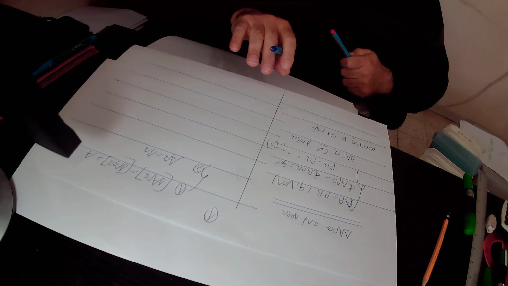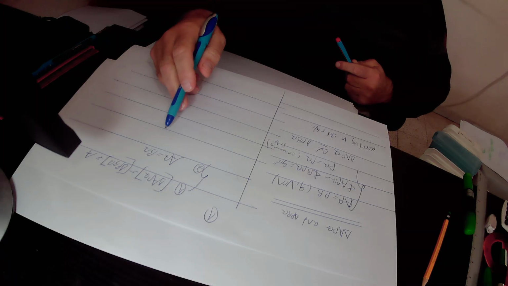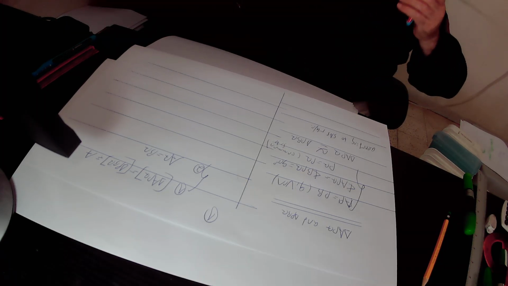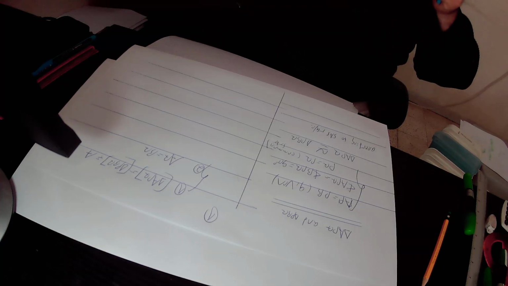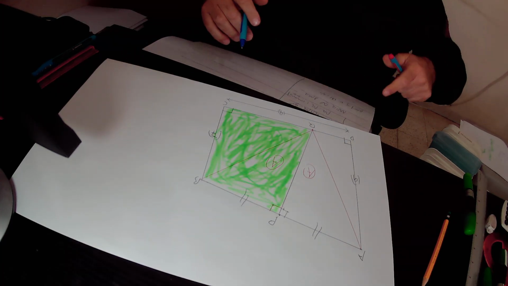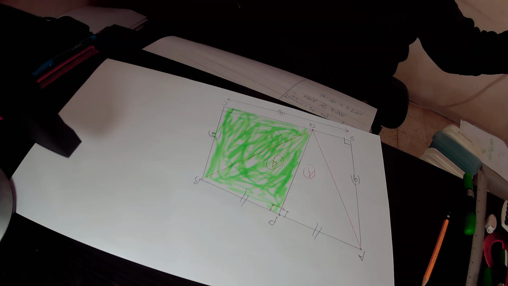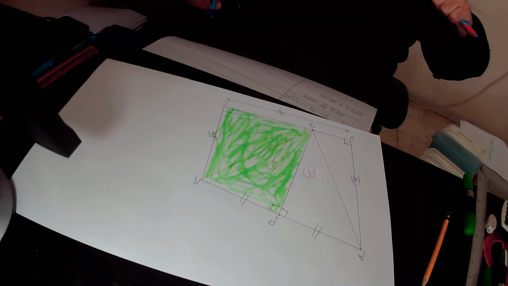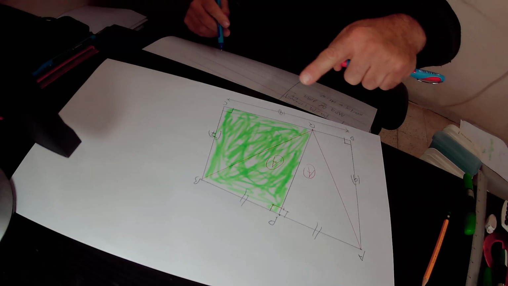Side AQ of the right triangle equals side BQ of the green triangle, according to the rule that corresponding sides in congruent right triangles are equal to each other. That is to say, AQ equals BQ.